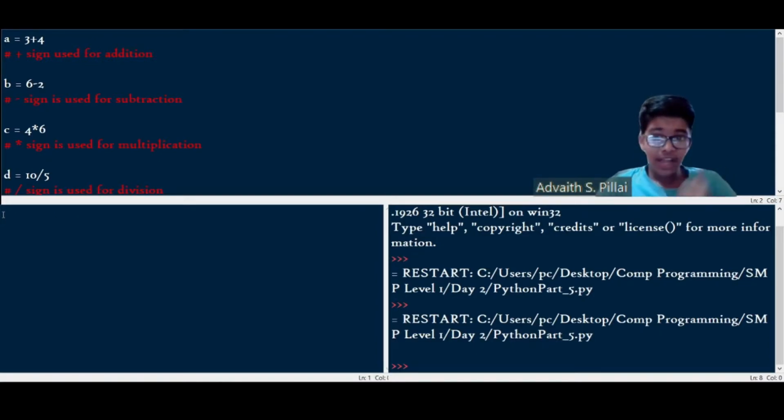So today we are going to be looking at arithmetic and exponential operators. Okay guys, so to start with, we look at the addition sign, which is the plus sign, as all of us know.